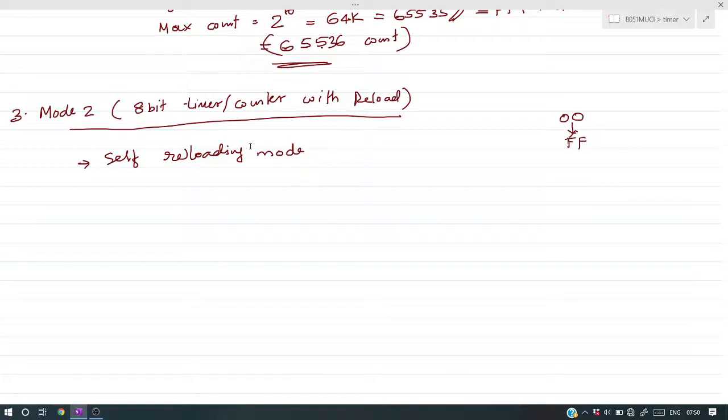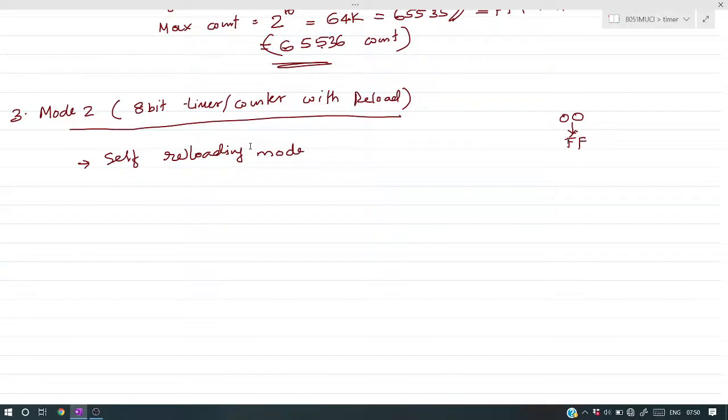As the count is reloaded, it requires a backup. During counting, what is happening? The count is changing. So immediately after it overflows, whatever count was loaded earlier needs to return back into the counter. For that, a backup is required. So the same number is loaded in TLX and THX during mode 2 operation.